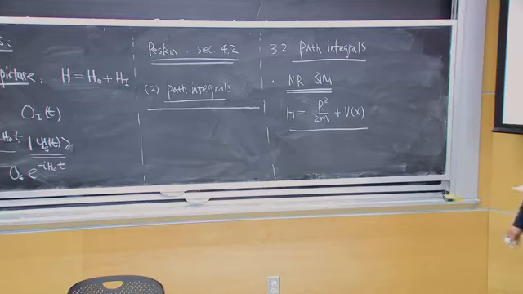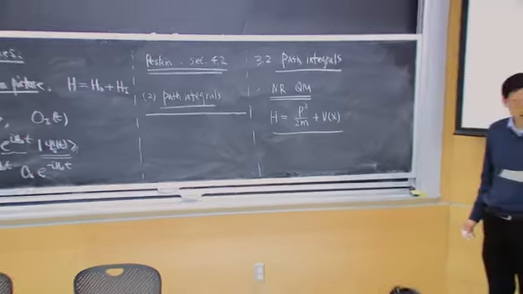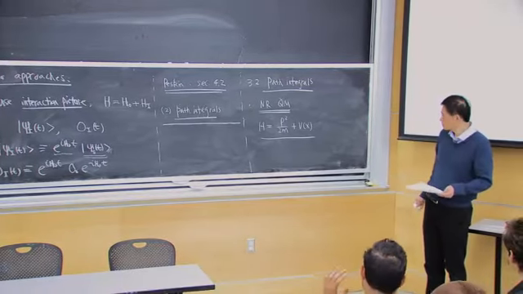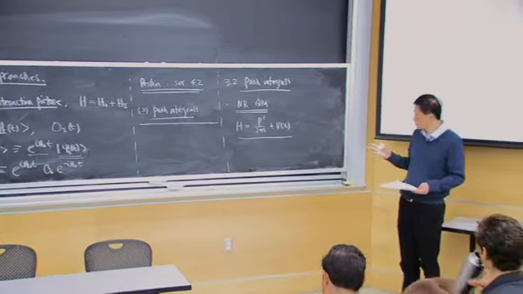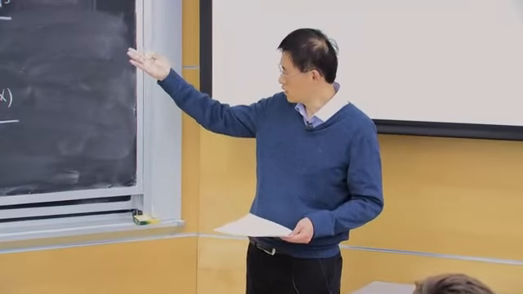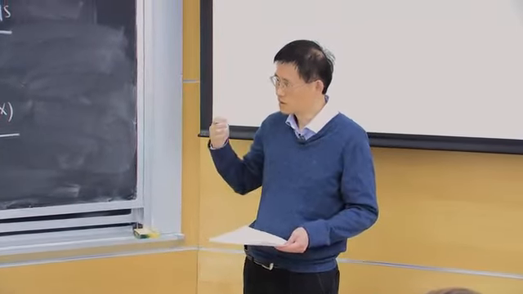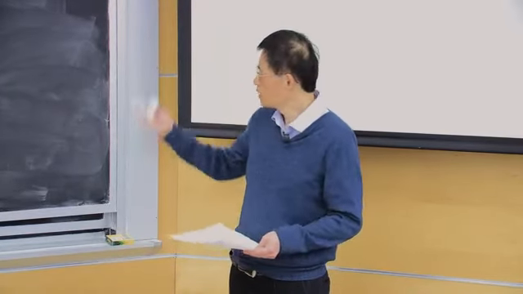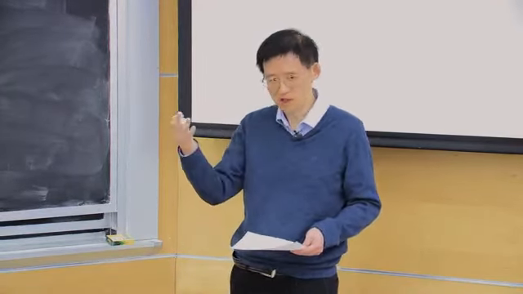Okay. Good. So now the key point about the path integral is that previously in quantum mechanics, you start with the Schrodinger equation, but the path integral starts with a different object.